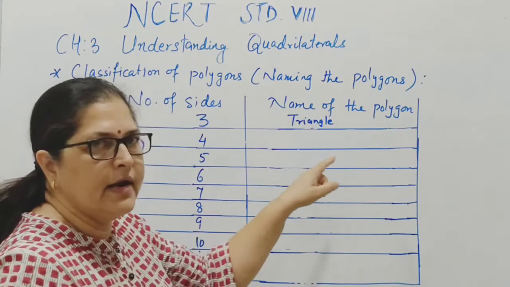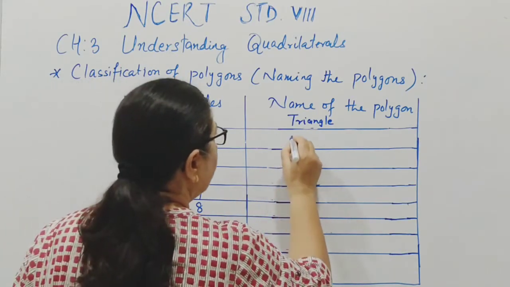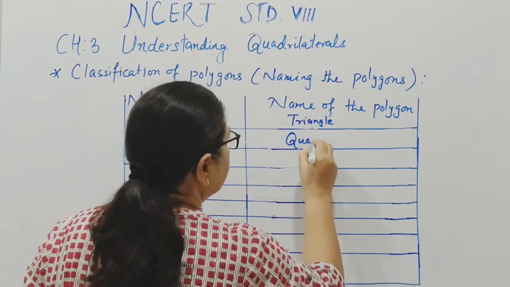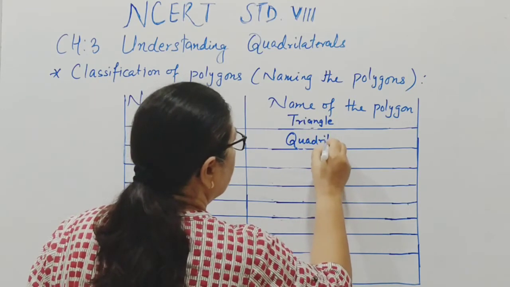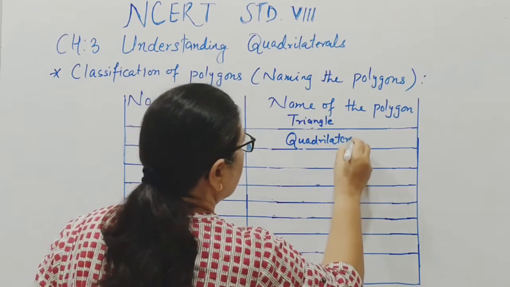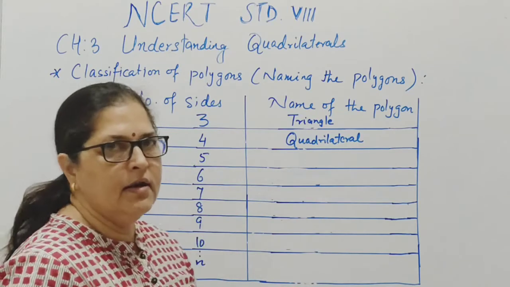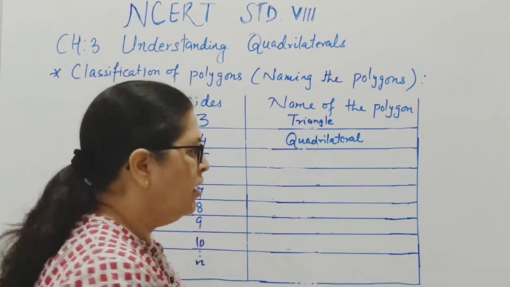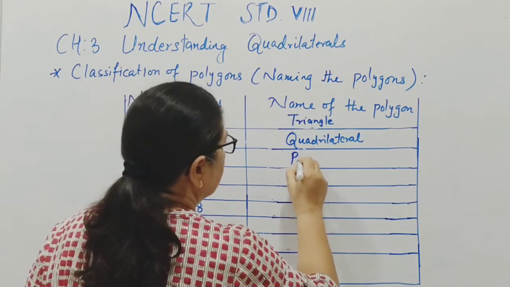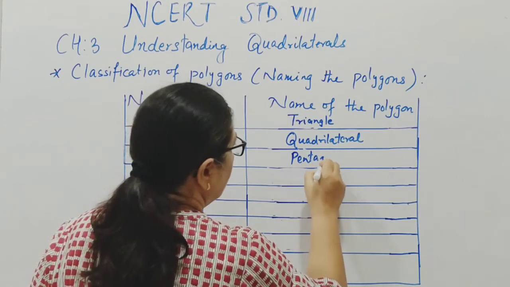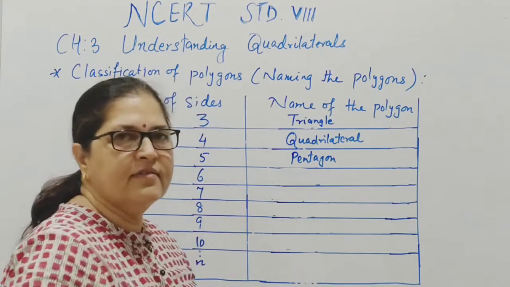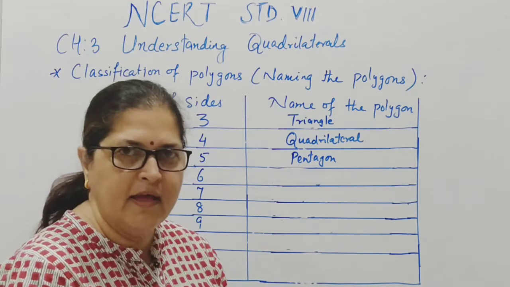Next, four-sided polygon is named as quadrilateral. Five-sided polygon is named as pentagon. Six-sided polygon is named as hexagon.